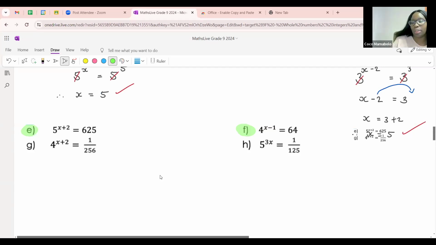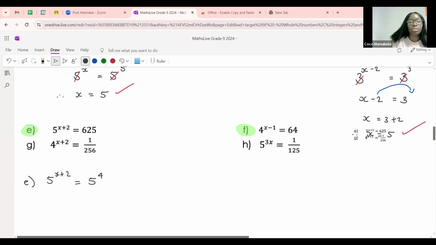All right. Okay, shall we chat about these 2 questions? Same thing we're going to do here with E. I'm going to have 5 to the power of x plus 2 is equal to, I'm going to go to my calculator, 625, which gives me 5 to the power of 4.